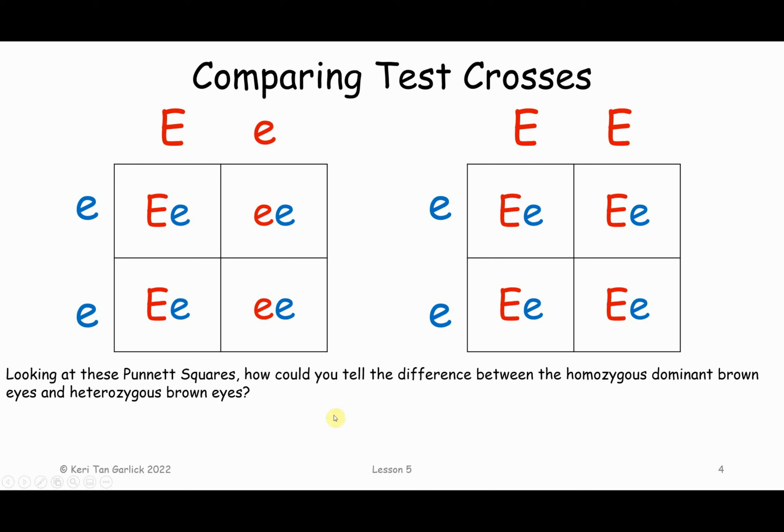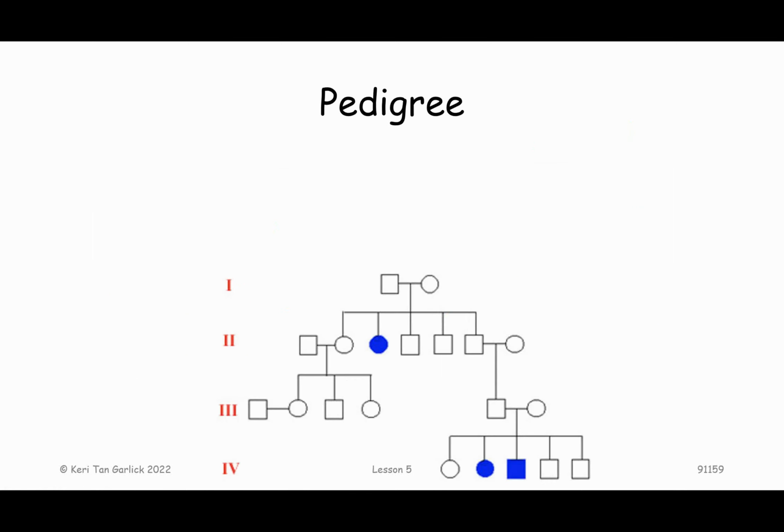So basically what you're looking for is, in my offspring, do I have at least one individual with the recessive trait? With small sample sizes, obviously you're not going to get that perfect 50-50 ratio, but even in a small sample size, if you get one with that recessive trait, then you definitely have a heterozygous genotype for that dominant trait.